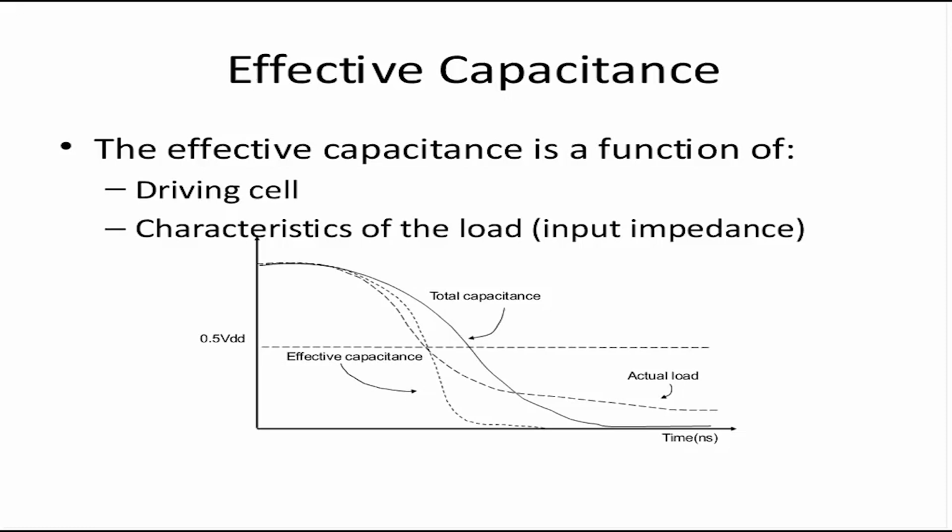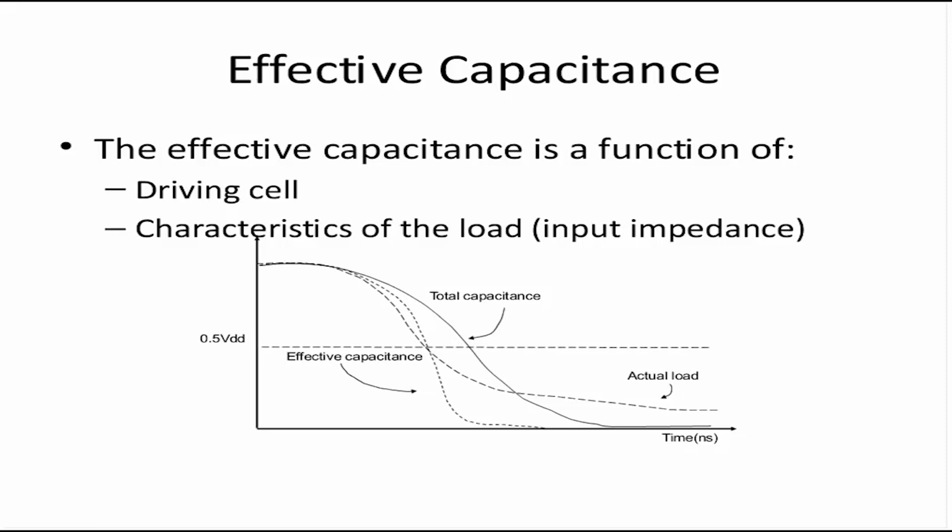So total capacitance, I guess, would be the most inaccurate, because it will just be the sum of all the capacitances. It will not take into effect the rise and fall transitions and so on. The actual load, I guess, should be most accurate, because it will be the segmented load.